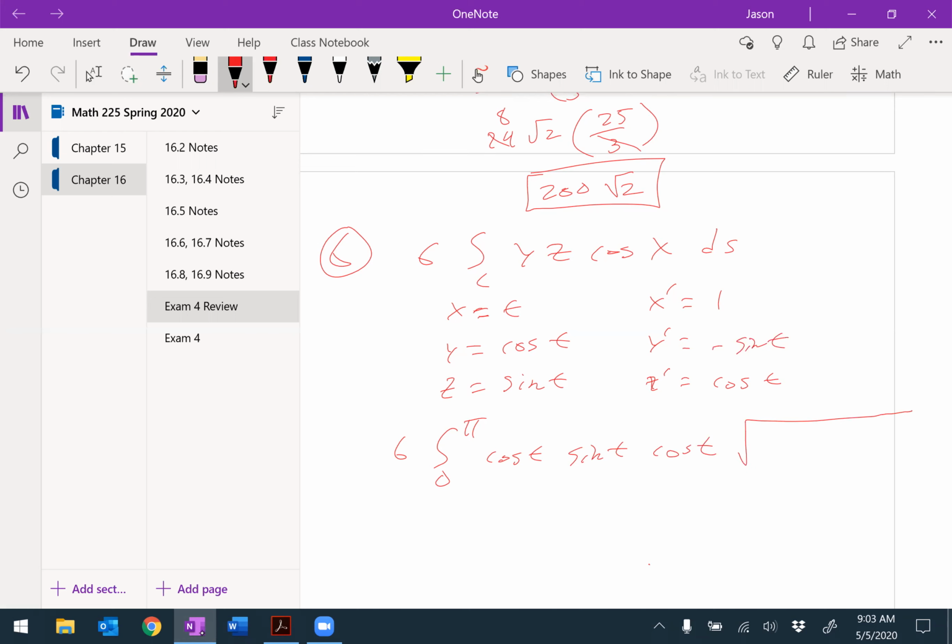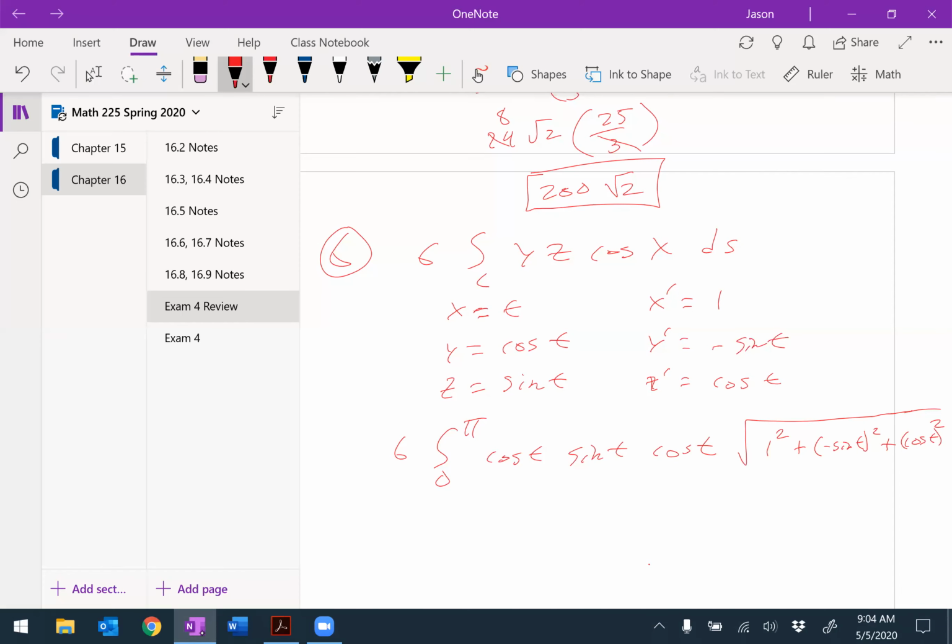square root function here. And so this is going to be x prime squared, that's 1 squared, plus y prime squared, that's negative sine t squared, plus cosine t squared.